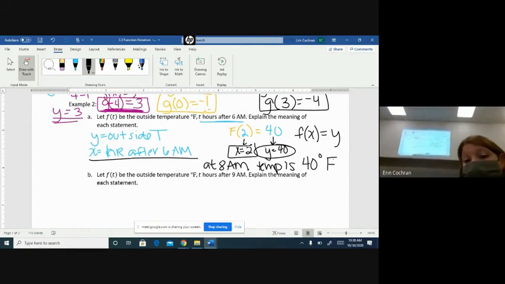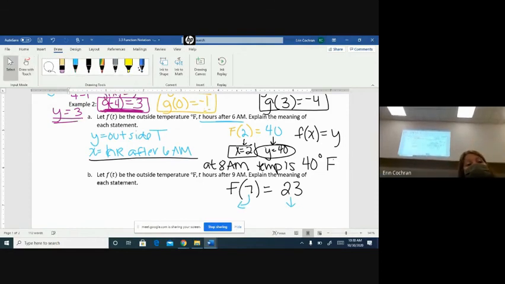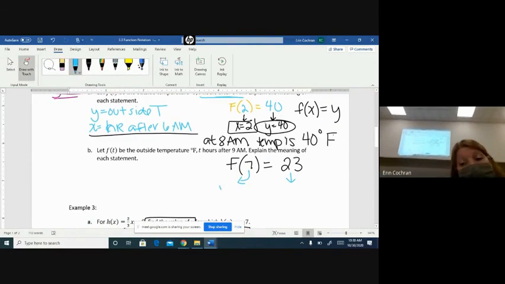So what if I say f of 7 equals 23? Okay, what is my x here? My x represents what? 7. My x is 7. So 7 hours after 6 a.m. puts me at, 4 p.m.? No, I don't think so.